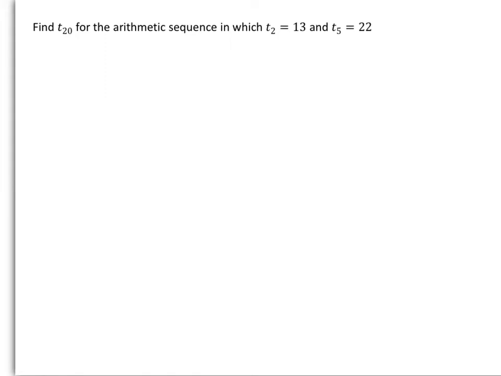For this next problem, we're asked to find T sub 20, but rather than being given something that maybe is a little bit easier to work with, we're told that T sub 2 is 13 and T sub 5 is 22. So what we can do is create two equations. Because they're linear, we can then solve them as a system of equations.